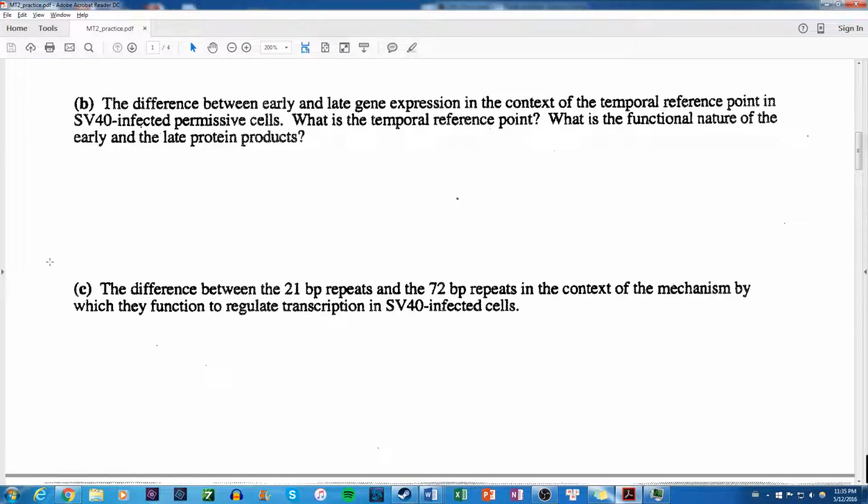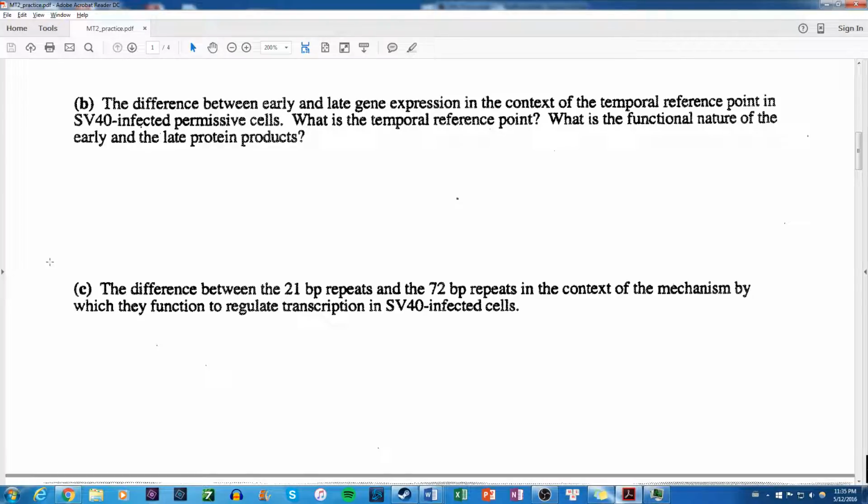And then there are also 2 enhancers, and those enhancers are 72 base pair repeats. Now, for the 21 base pair repeat, we said that there are three sets of those. So I'm answering your question right now. Each one of those 21 base pair repeats has 2 boxes of GC-rich sequences.